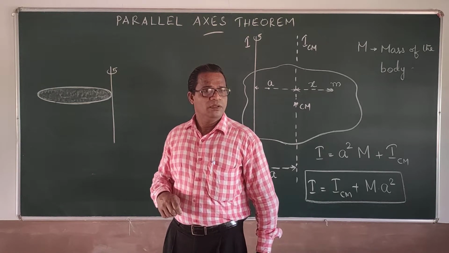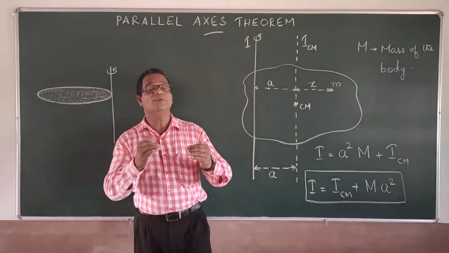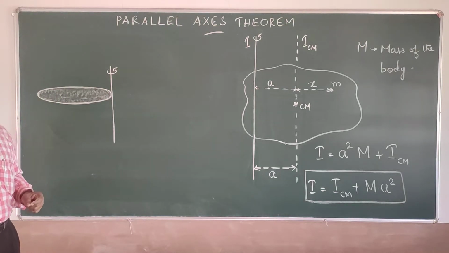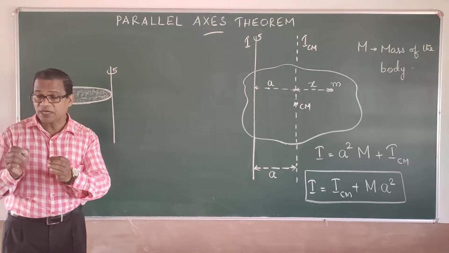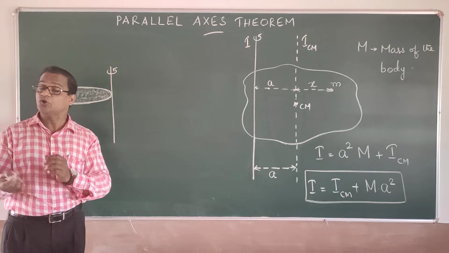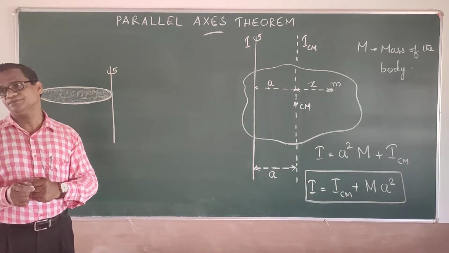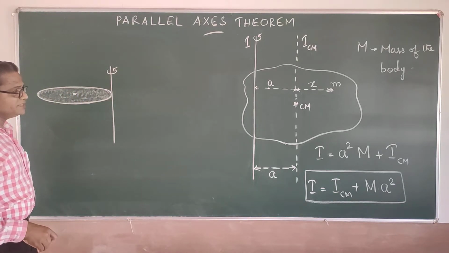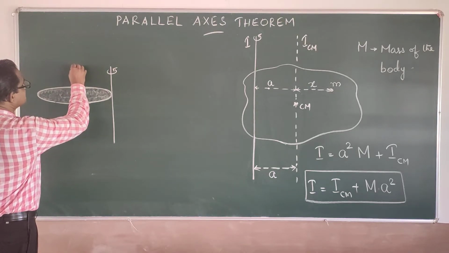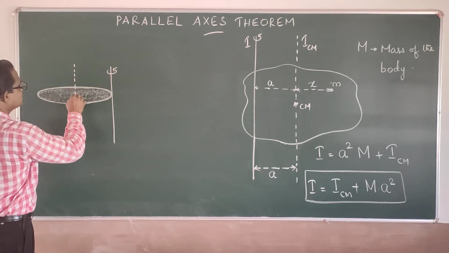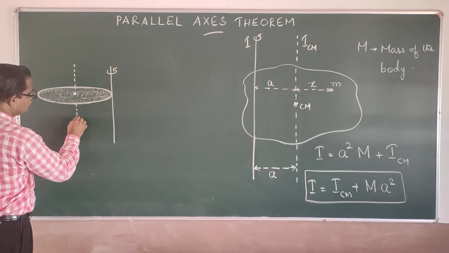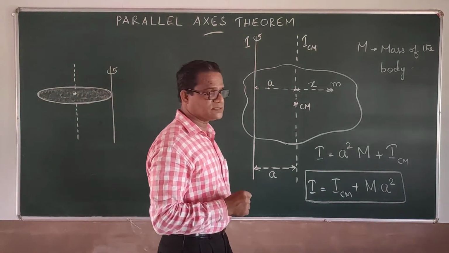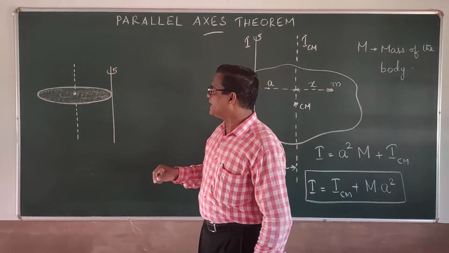Now we have studied the parallel axis theorem and how to apply it here. We have to consider an axis passing through the center of mass of the disk and parallel to the given axis. So this is where we can assume the center of mass of the disk, and I consider an axis passing through it, parallel to the given axis.